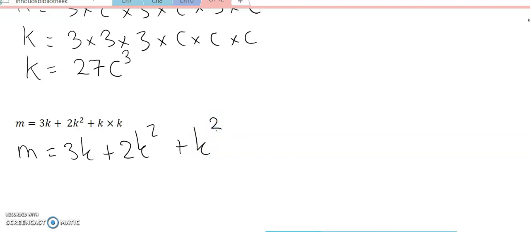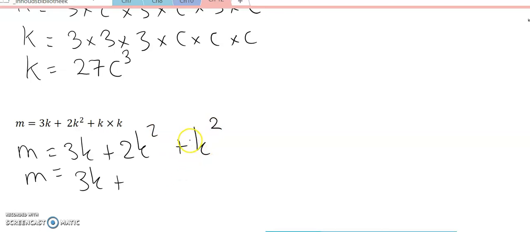And now we can shorten it because these are like terms, because they have the same variable with the same power. 3k and 2k squared are not like terms.